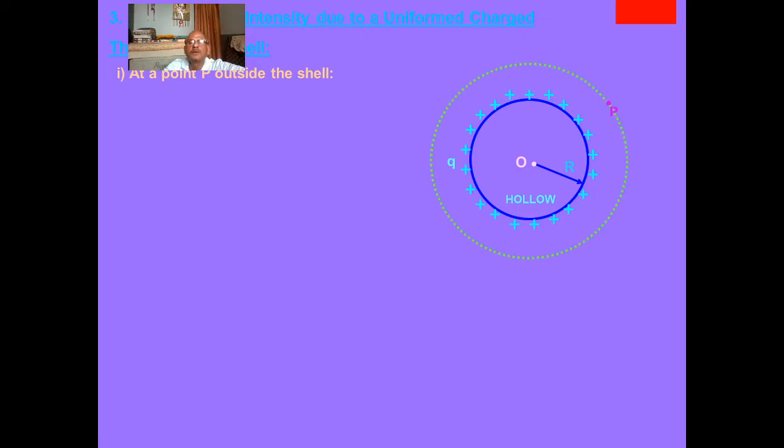Through P we first draw the Gaussian surface. The radius of this Gaussian surface we are taking as small r, and let us take a small area ds on that Gaussian surface, whose area vector is radially outward. So the electric field vector and the area vector are along the same direction.